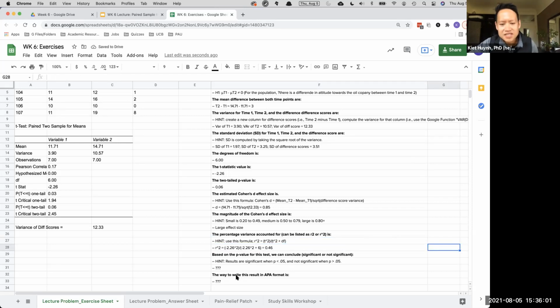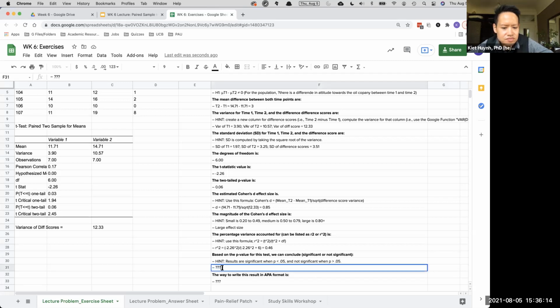Based on the p-value for this test, we conclude whether it is significant or not significant. And here's another hint. Results are significant when p is less than 0.05 and not significant when p is greater than 0.05. So we can say here, p two-tail is 0.06, so it's not significant, because it's greater than 0.05.